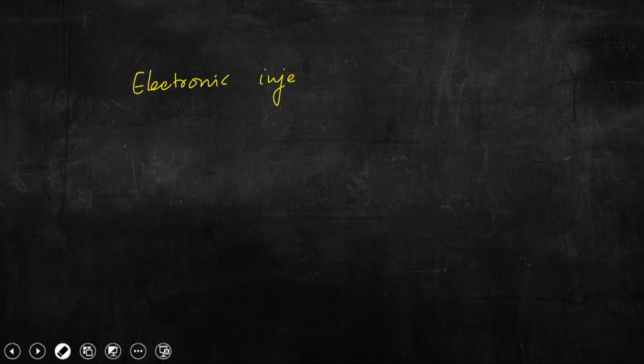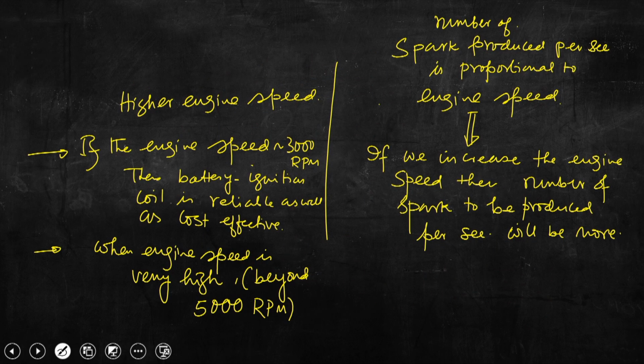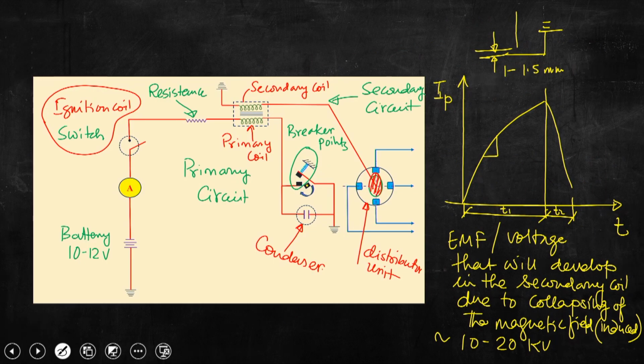Let me tell you, if we go back to the previous circuit, essentially we need to have a primary coil, secondary coil, etc., but in the electronic ignition system, these breaker points are replaced by a sensor.